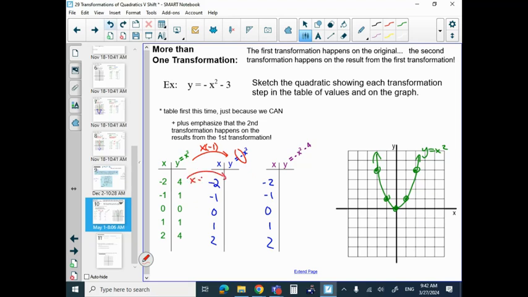So times a -1, and so -4 and -1 and 0 and -1 and -4. So I can graph that one. The 0, 0 stays put, and this becomes a -4, -1 and -4 and so on, just upside down. So that's the first one.